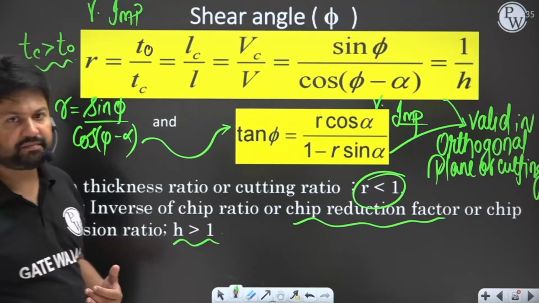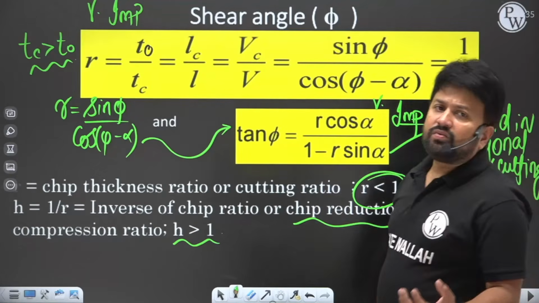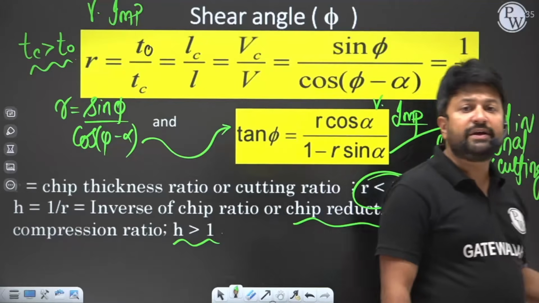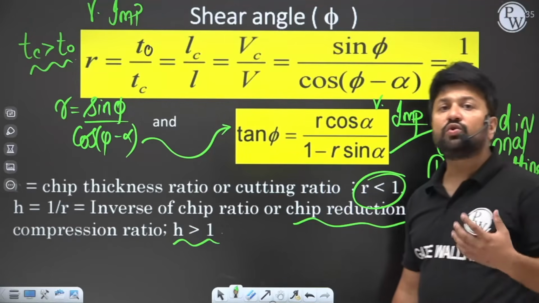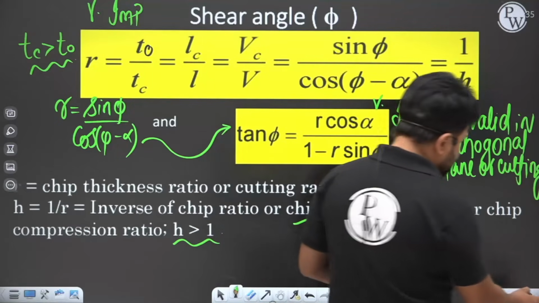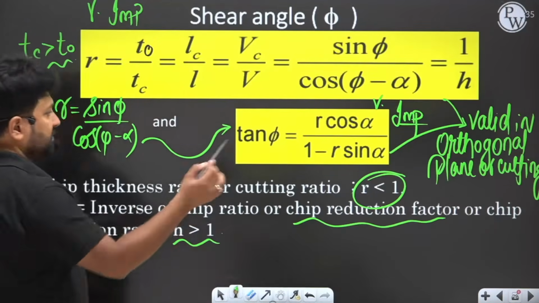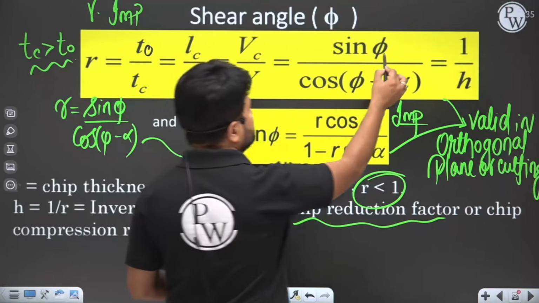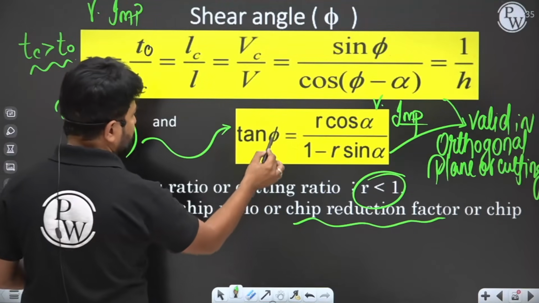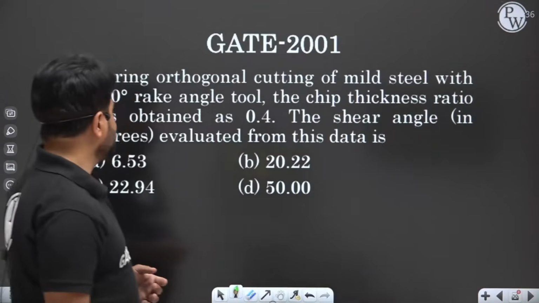My dear, r is the index of the amount of plastic deformation which the metal in the chip has undergone. Now, if you know the rake angle, or if you know the r, then you can find out the value of the shear angle.